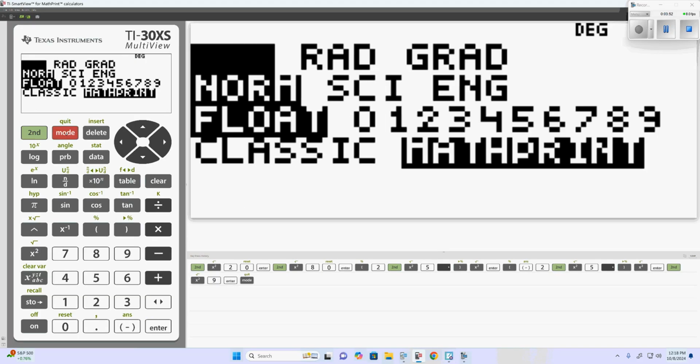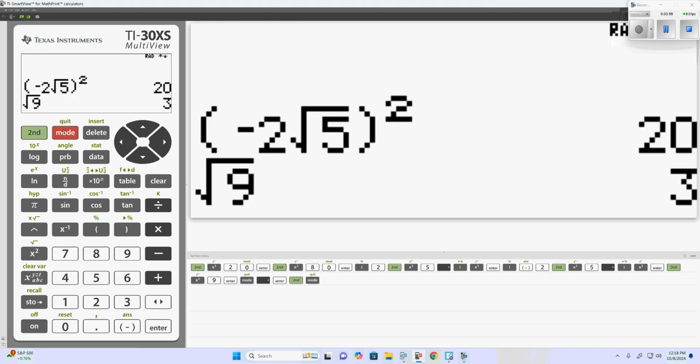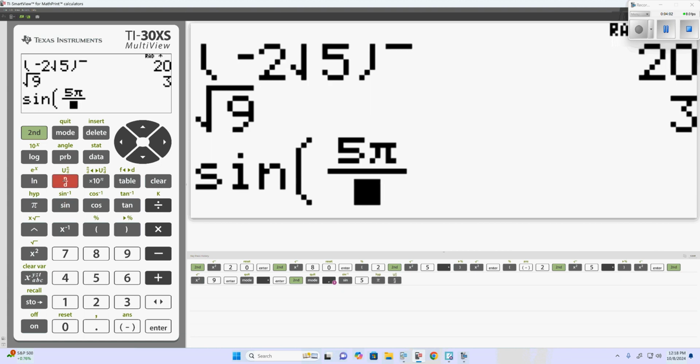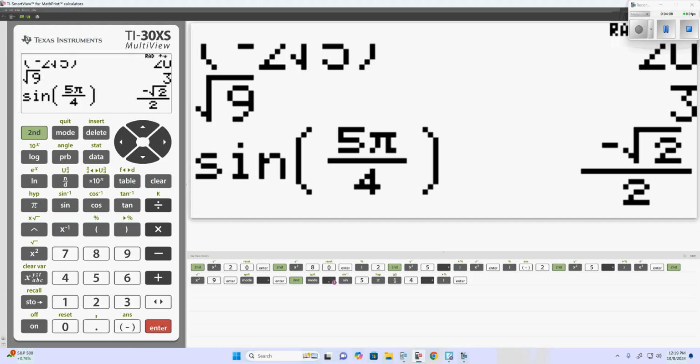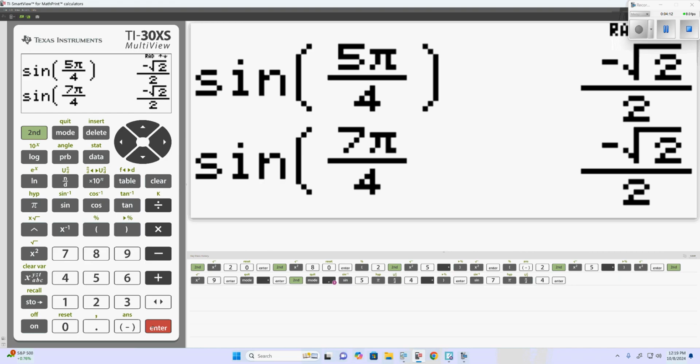If I pull up the graph, we'll have to change it over to radians, because if we looked at sine of 5 pi over 4, we get negative square root 2 over 2. Now sine of 7 pi over 4 is also negative square root 2 over 2. Questions on this here?